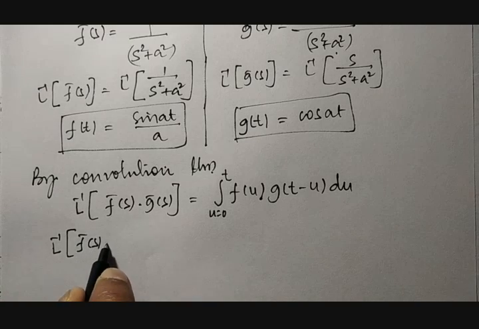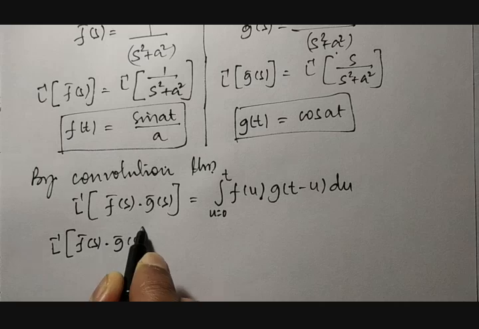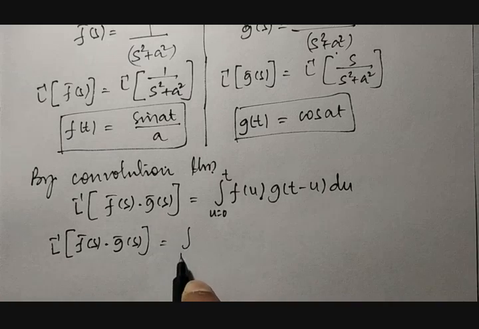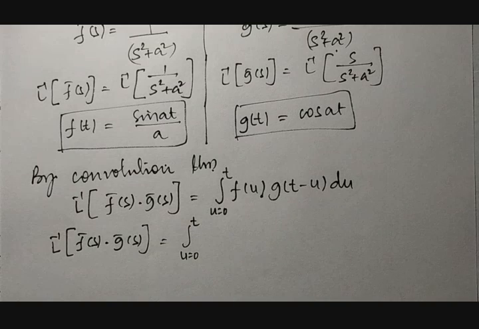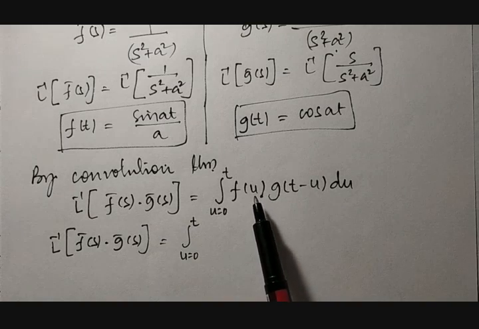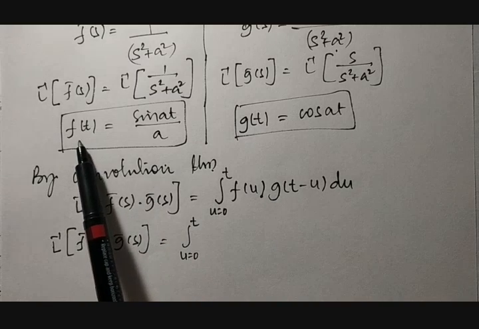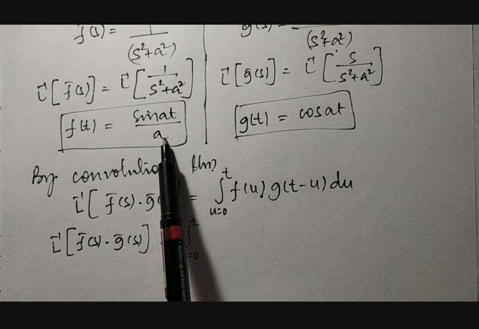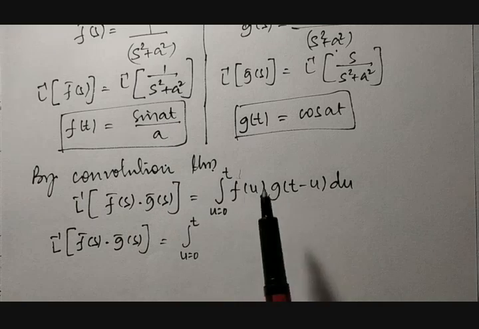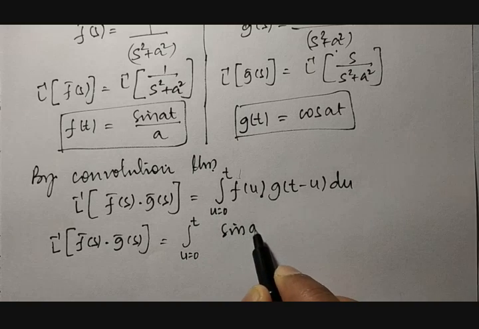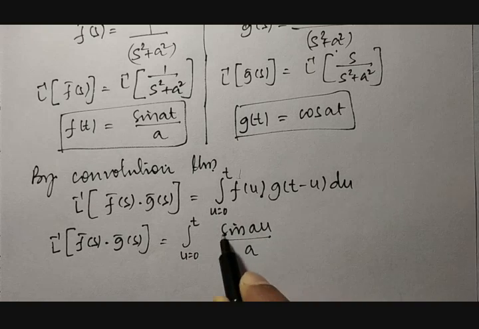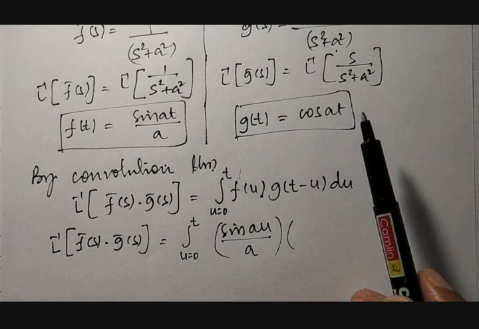Therefore, Laplace inverse of f bar of s into g bar of s is equal to integration between 0 to t of f of u. What is f of u? You can see here f of t is equal to sine at by a. Therefore, replace t by u to get f of u. Then it becomes sine au divided by a, into g of t is equal to cos at.